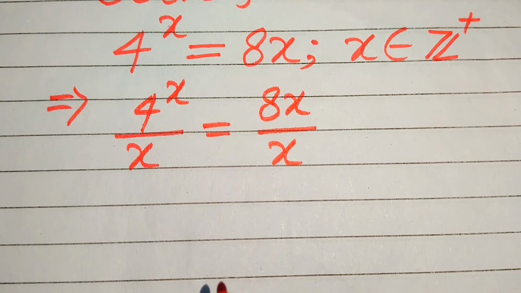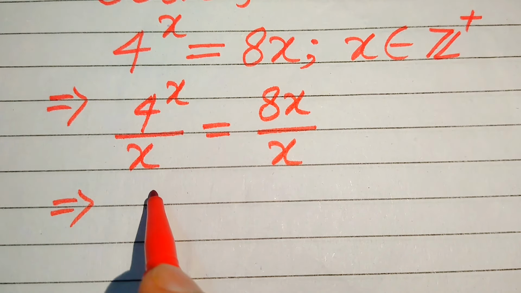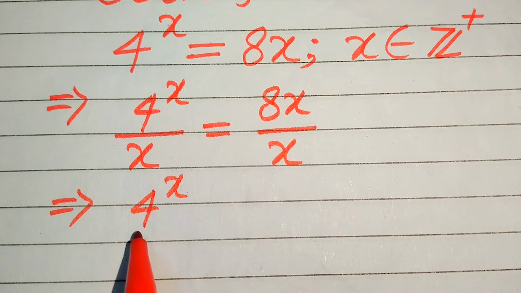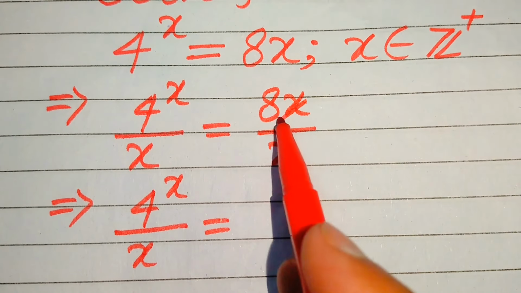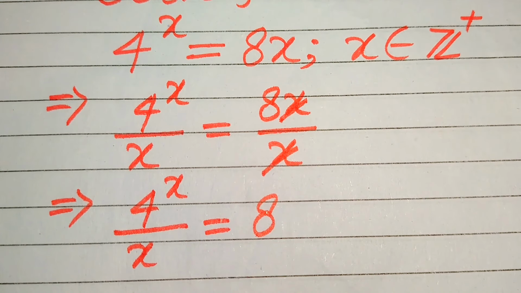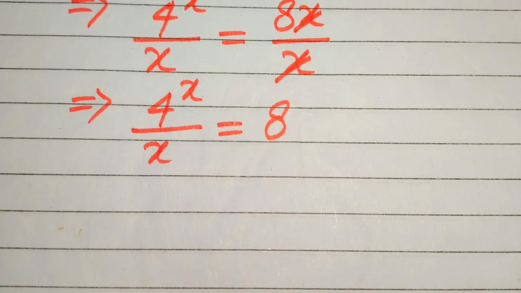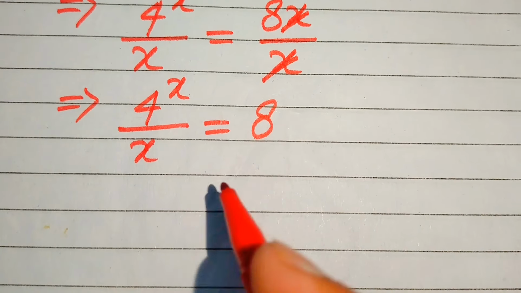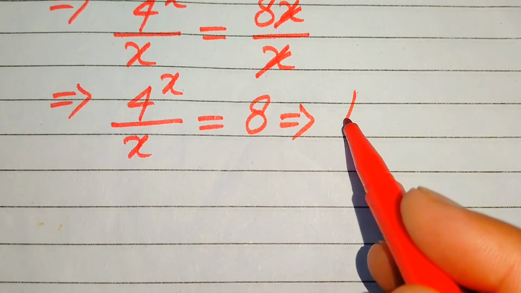In the left hand side we have 4 to the power of x divided by x. In the right hand side this x is cancelled out by this x, and we get only 8.